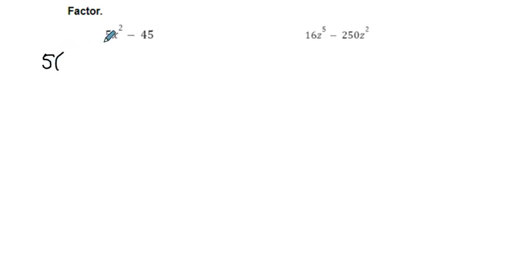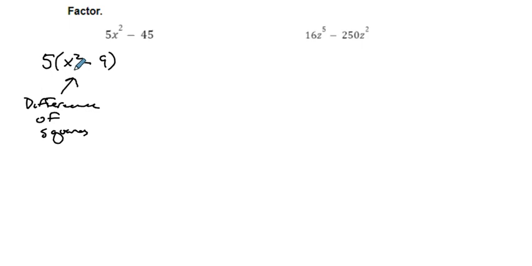When you pull that 5 out, I just have to multiply it by x squared, minus, and then what do I multiply by 5 to get my target number of 45? 9. And lo and behold, I've got a square number here and a square number here. So this is good old-fashioned difference of squares.